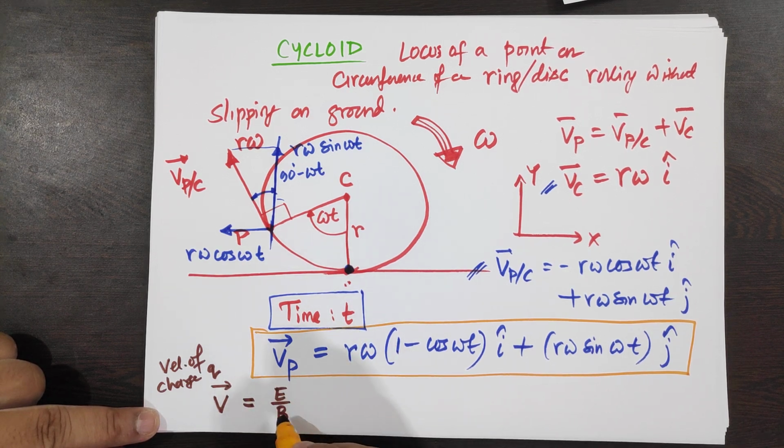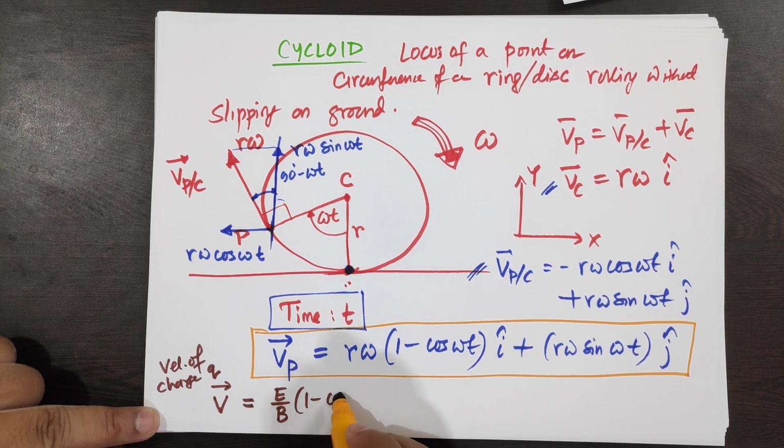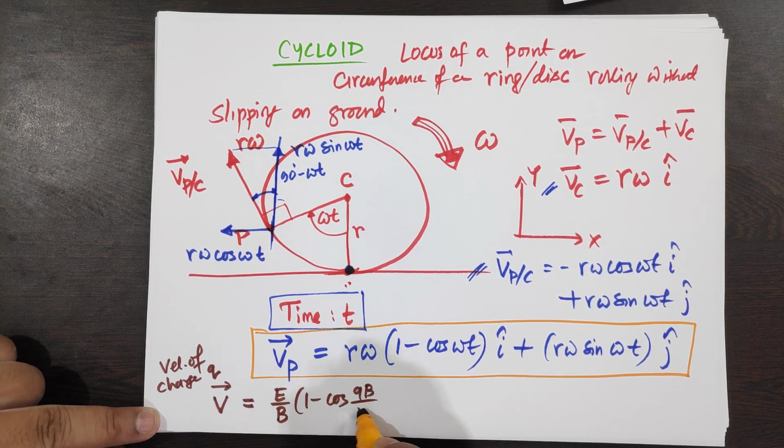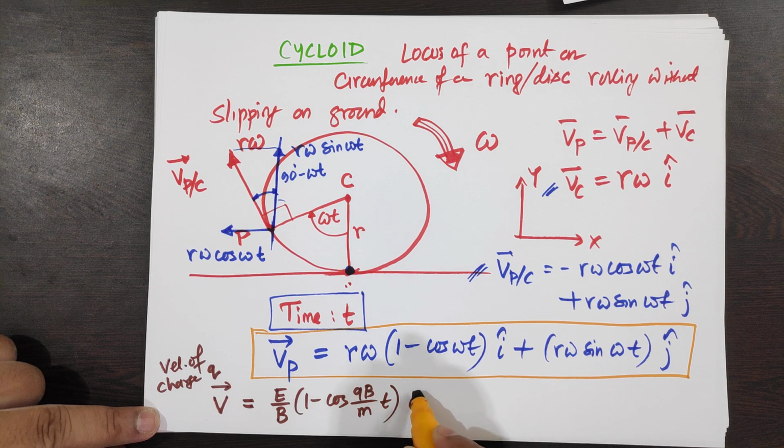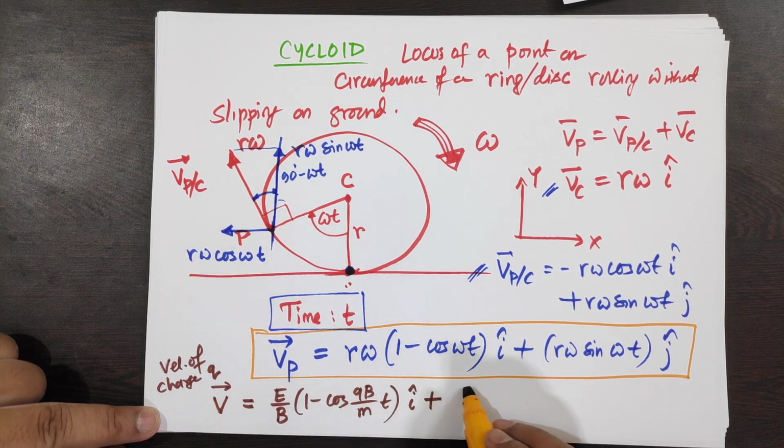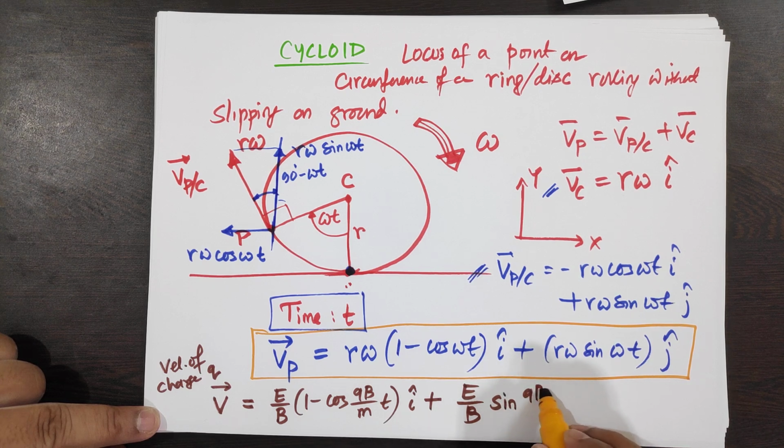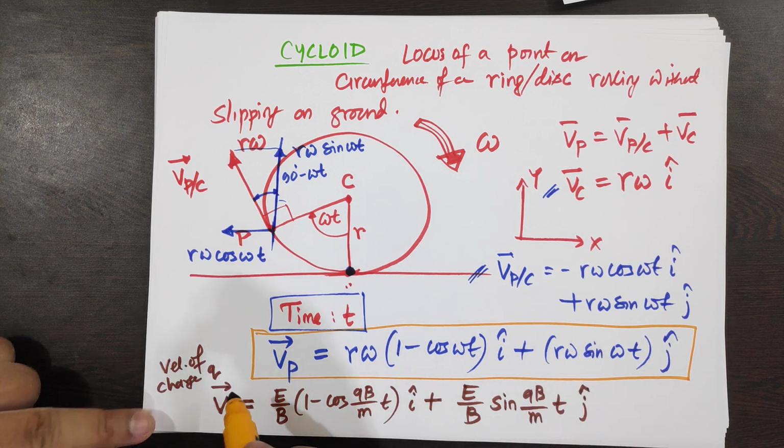So E by B times 1 minus cosine qB by m times t i cap plus E by B sine qB by m times t j cap.